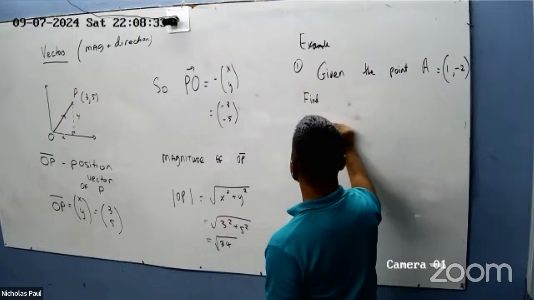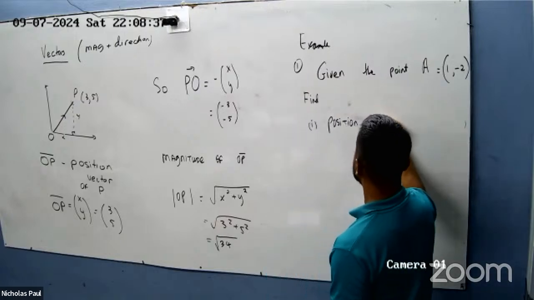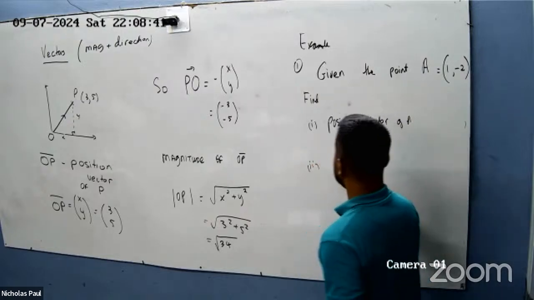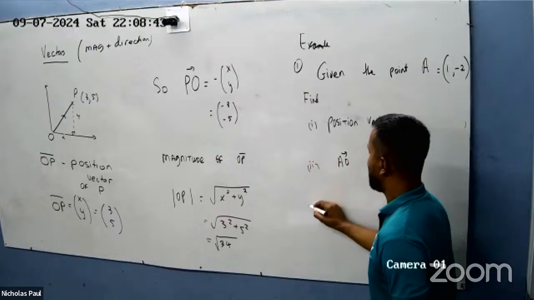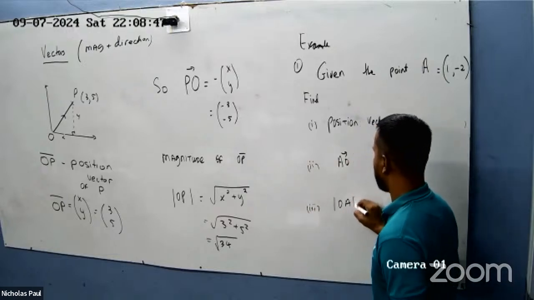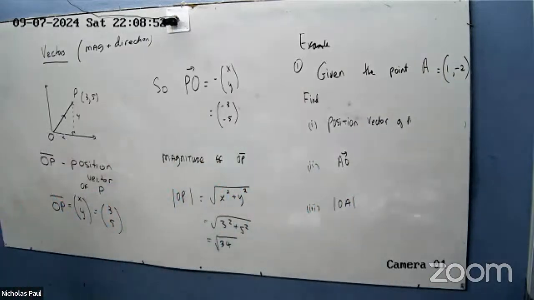Number one, find the position vector of A. Number two, find AO. Number three, find the magnitude of OA. Go ahead, have fun. Try that, just like what we just did.